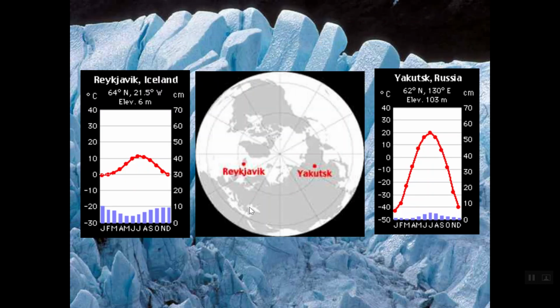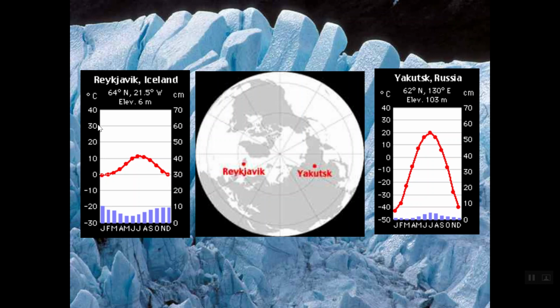Here's another example. You have Reykjavik, Iceland, which is by a large body of water, and another city, Yakutsk in Russia, which is landlocked. Notice the difference in temperature. If we look at the months down here, January through December, the Reykjavik climate is held to a limited range of temperatures.